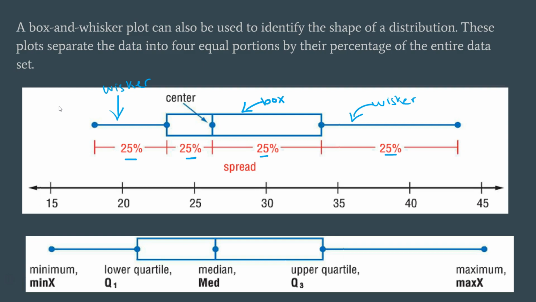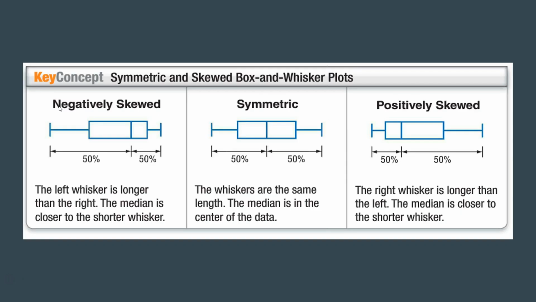And just like when we had the graph, the box and whisker plot shows if it's negatively skewed, symmetric, or positively skewed. Notice if it's negatively skewed, it's going to be more towards the right hand side. And if it's symmetric, it's going to be smack dab in the middle. Those boxes are going to be the same. And if it's positively skewed, it's going to be more towards the left hand side.